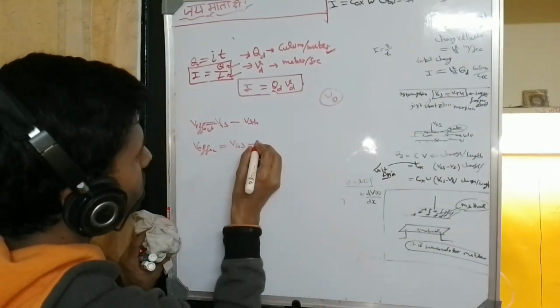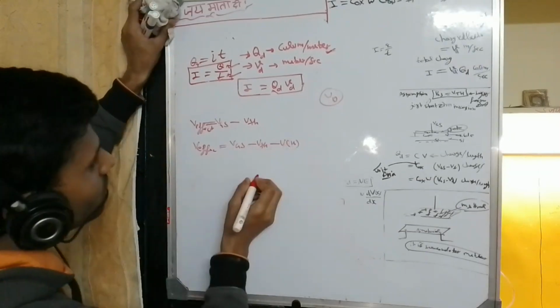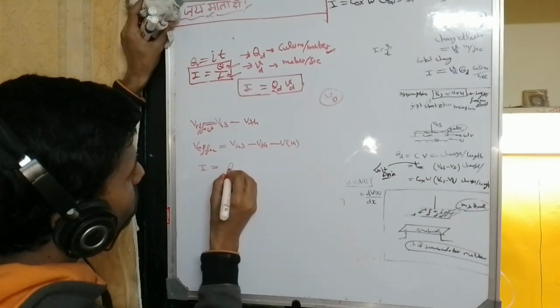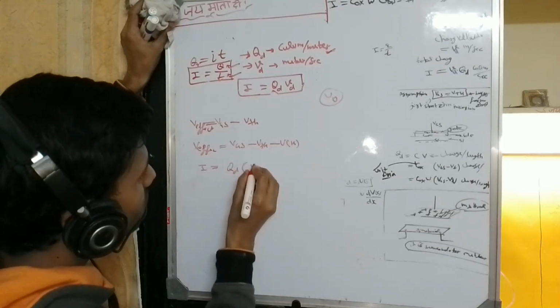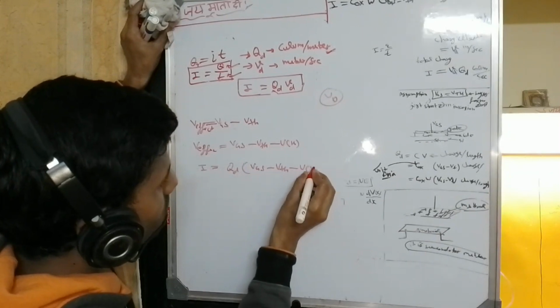It will be VGS minus VTH minus Vx. Okay, so now the current will be QD into VGS minus VTH minus Vx.